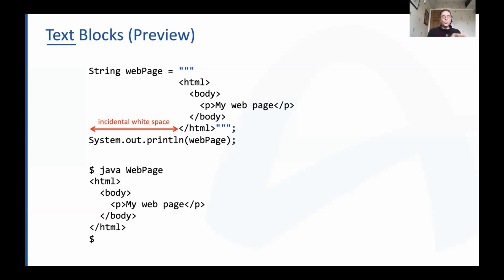And that way, you can see the HTML and the closing HTML tag are left justified against the margin, and then we still get the right indentation in terms of 2 spaces and then 4 spaces to get the right indentation there. So we're eliminating that incidental white space.